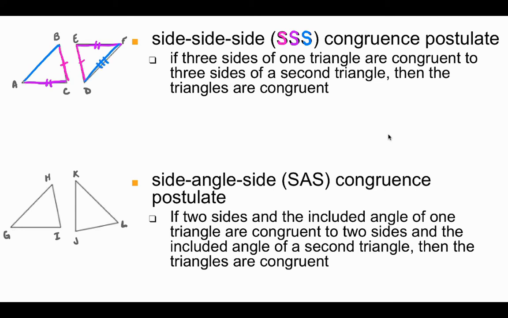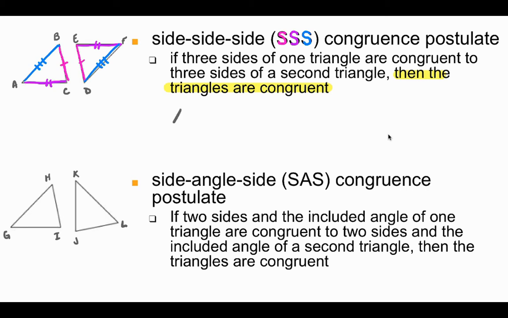So this is information that you would be able to find within a single triangle. So if 3 sides of one triangle are congruent to 3 sides of another triangle, then the triangles are congruent, and we can write a congruence statement.